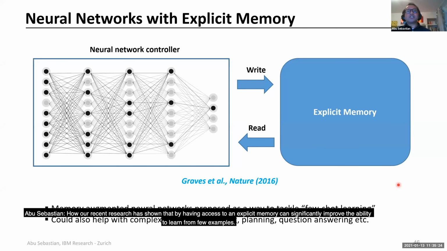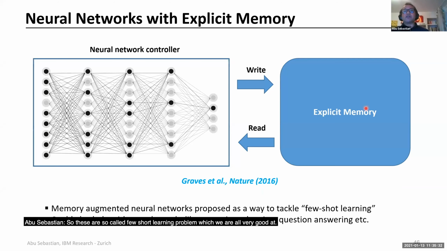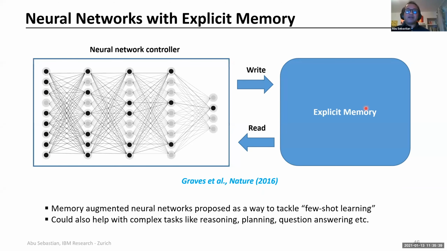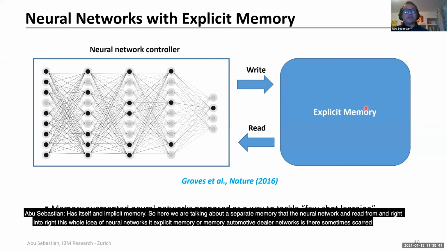However, recent research has shown that having access to an explicit memory can significantly improve the ability to learn from few examples. This is the so-called few-shot learning problem, which we are all very good at. Now, note that an artificial neural network has itself an implicit memory. Here we are talking about a separate memory that the neural network can read from and write into, right? That's the whole idea of neural networks with explicit memory, or memory augmented neural networks, as they are sometimes called.